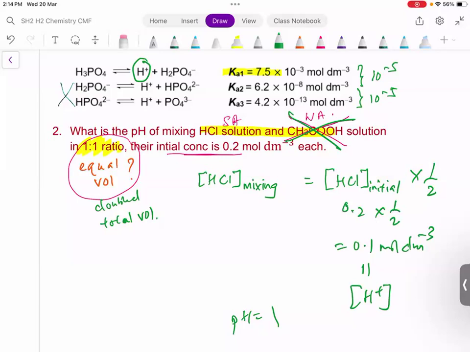Yeah. Negligible. How do I calculate? You don't need to know.